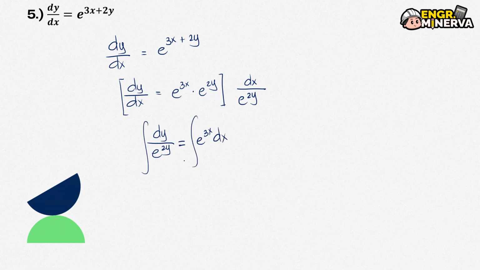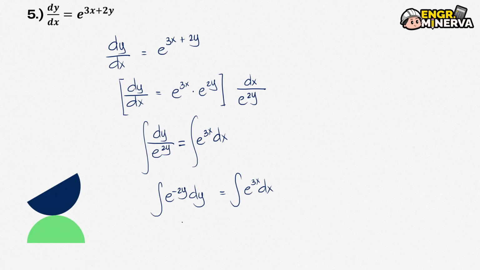We can now integrate. That would be integral of e raised to negative 2y dy is equal to integral of e raised to 3x dx. And eventually, we need negative 2 here.